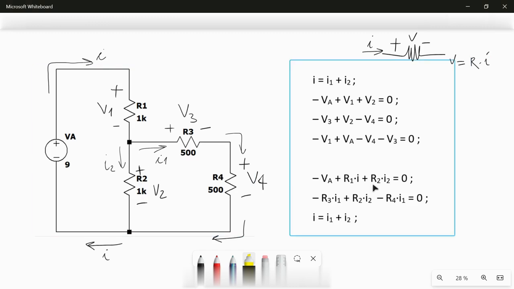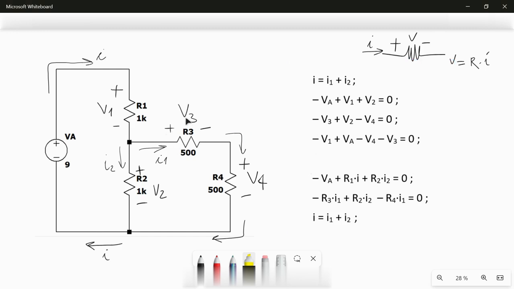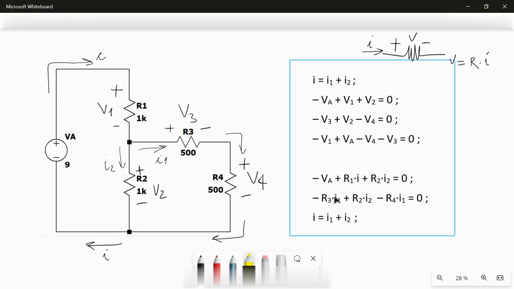So I put the product R2 times I2, and then equals 0. Second equation, I have minus V3. V3 is given by R3 times I1. Then I have V2, given by R2 times I2 here. And finally, minus V4, so minus R4 times I1 equals 0.